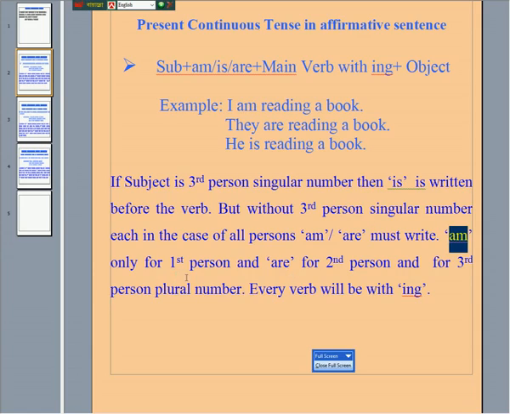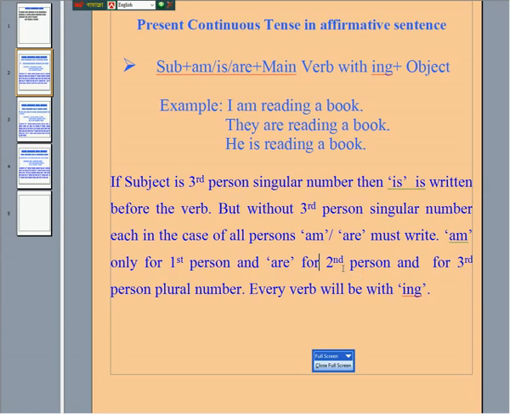Am is only for first person. Here I is first person singular number. Are is for second person or third person.